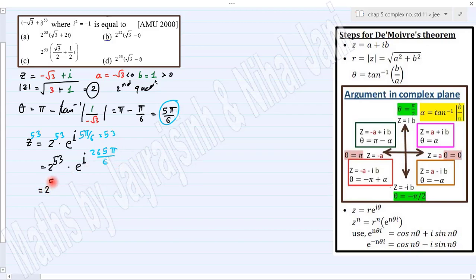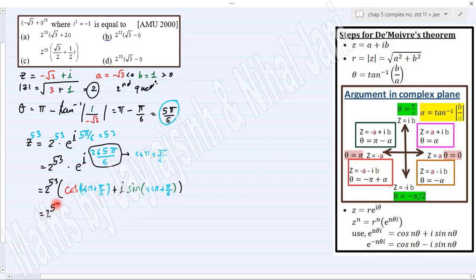So here we'll get 2 raised to 53 and convert into the complex form. You will get cos of your angle, which is 265 pi by 6, or we can say 44 pi plus pi by 6. So let's write down our angle, plus i times your sine angle.